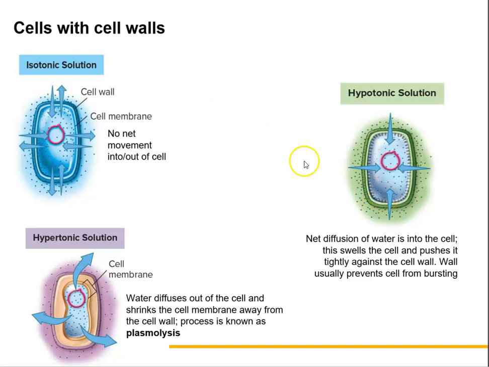However, we're looking at cells with cell walls here, so in this example, the cell wall is going to help prevent this cell from bursting. Next, you have a hypertonic solution. This is going to be where the solution outside of the cell has a higher solute concentration than the solution inside of the cell. So water is going to diffuse out of the cell here. This is going to cause the cell to shrink, and this is known as plasmolysis.